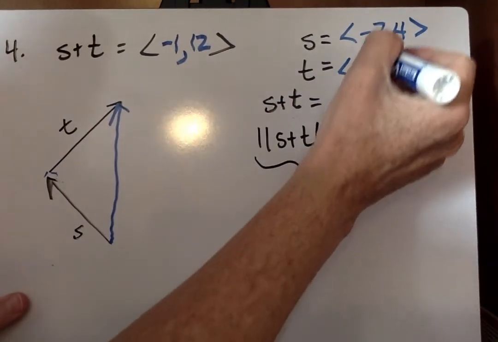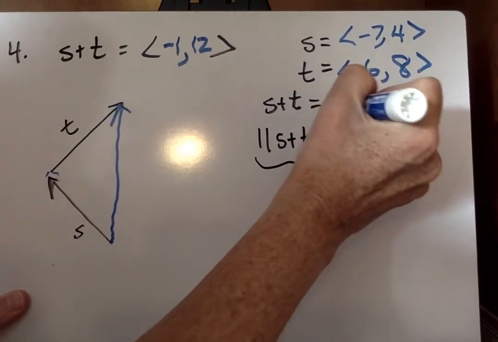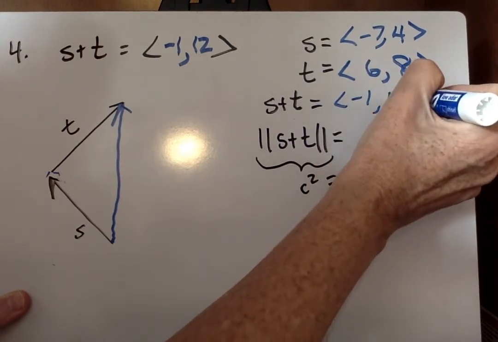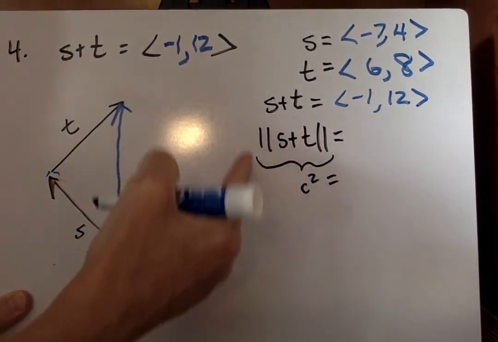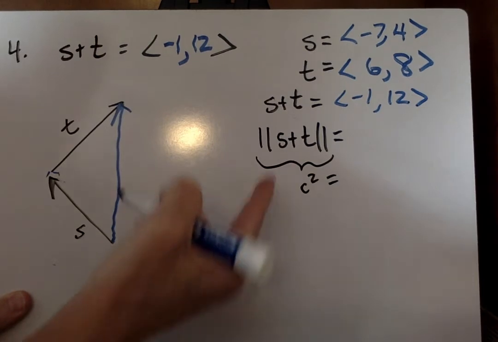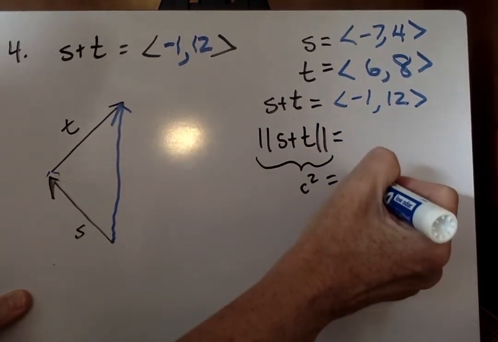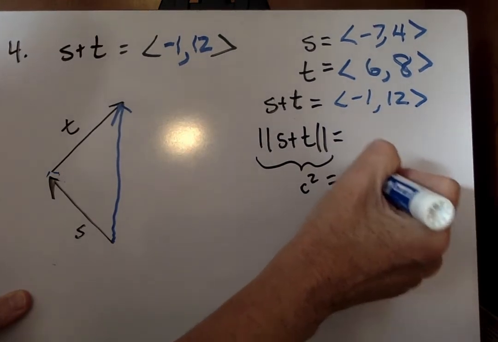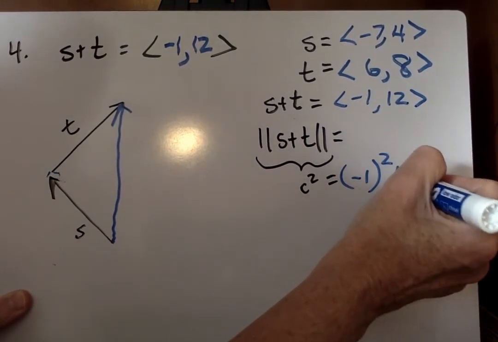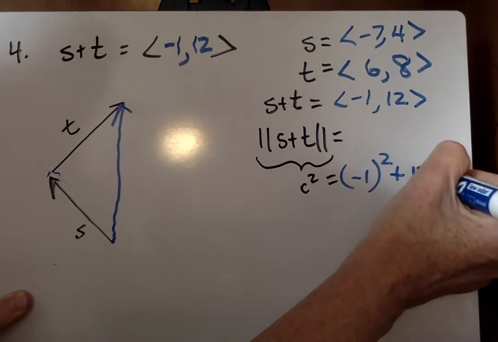So S plus T over here, -7, again, is -1, 12. Okay, now we're finding the magnitude, and I'm going to say S plus T is going to be C squared. Now we're going to put our A squared is the component form, the X value, plus the component form Y value.